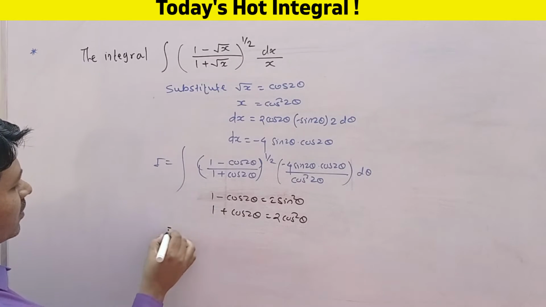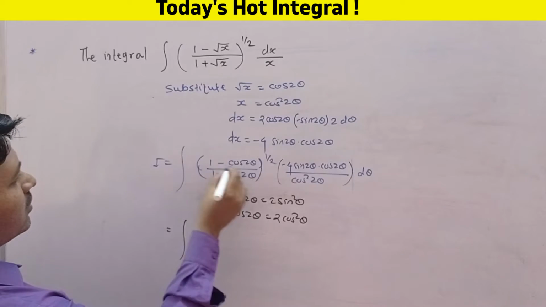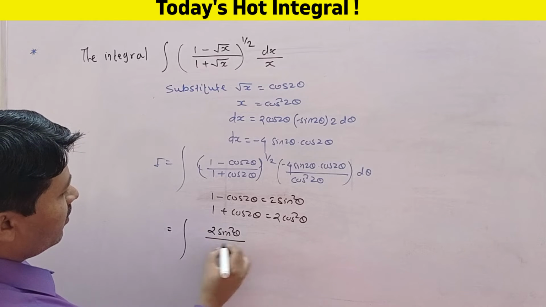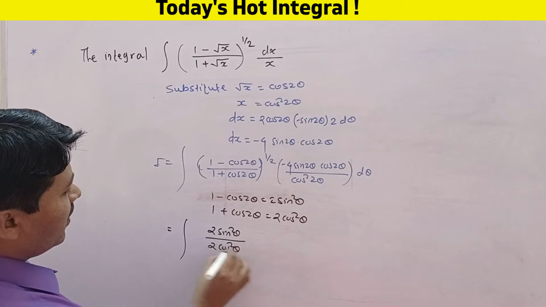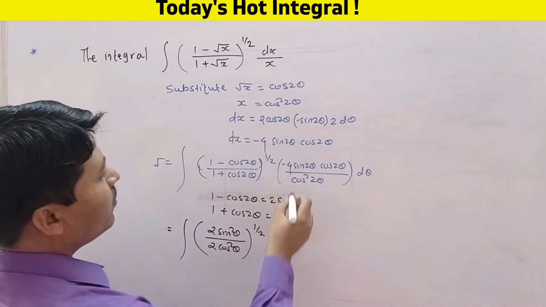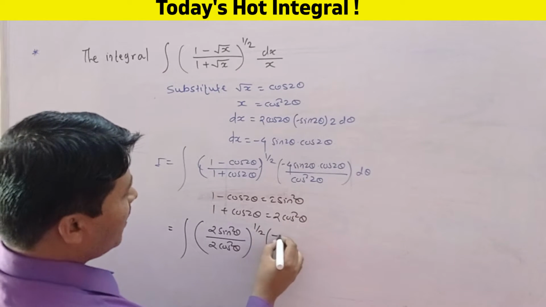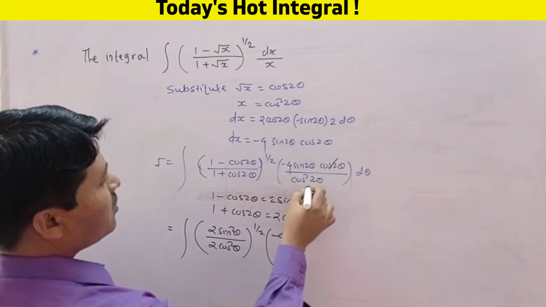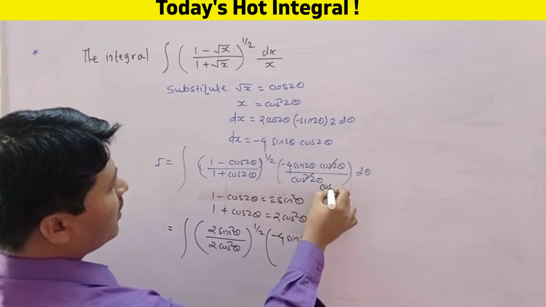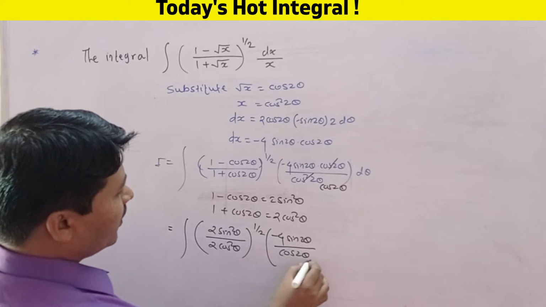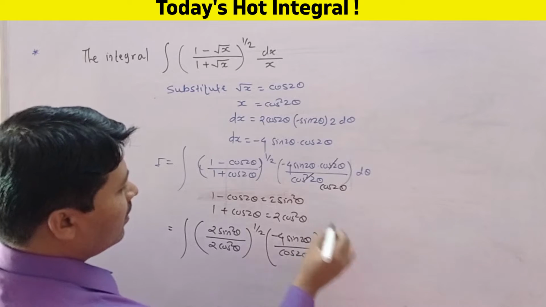Then the integration above becomes 2 sine square theta divided by 2 cos square theta, bracket complete, raised to power 1 by 2. Now observe, this term minus 4 sine 2 theta and this term cos theta, one term cancels and only cos 2 theta remains, bracket complete, d theta.